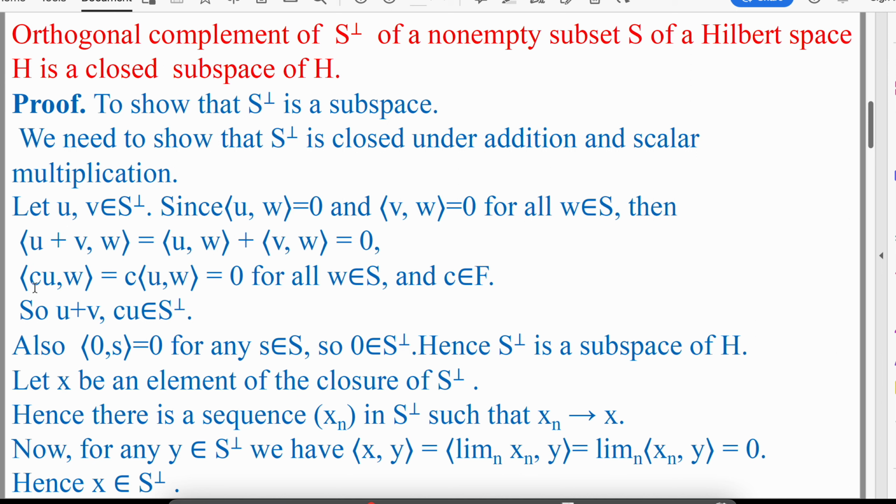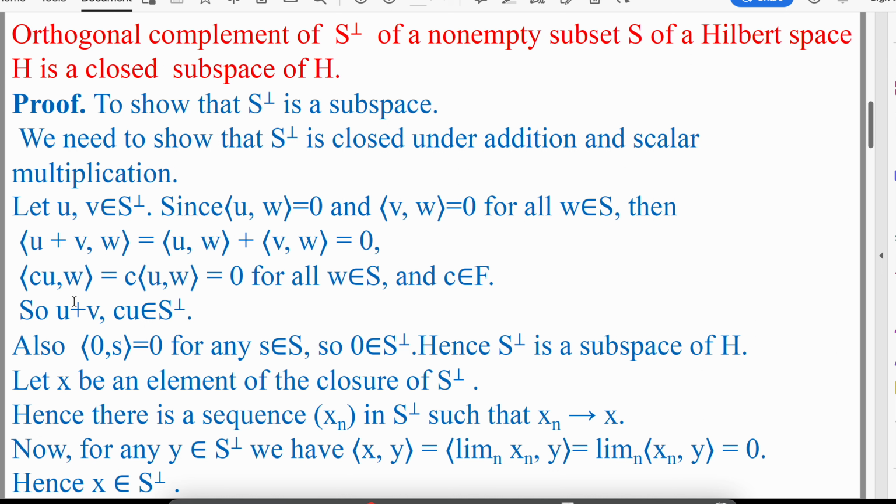Also, inner product of cu with w is equal to c times inner product of u with w. And this is given to be 0. It means c into 0 is 0. It means inner product of cu with w equal to 0 for all w belonging to S and c belonging to F. c is a scalar, it belongs to field.